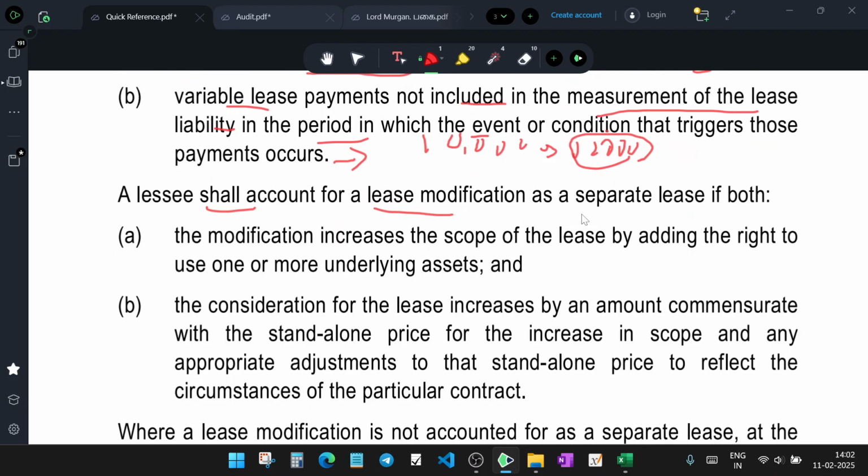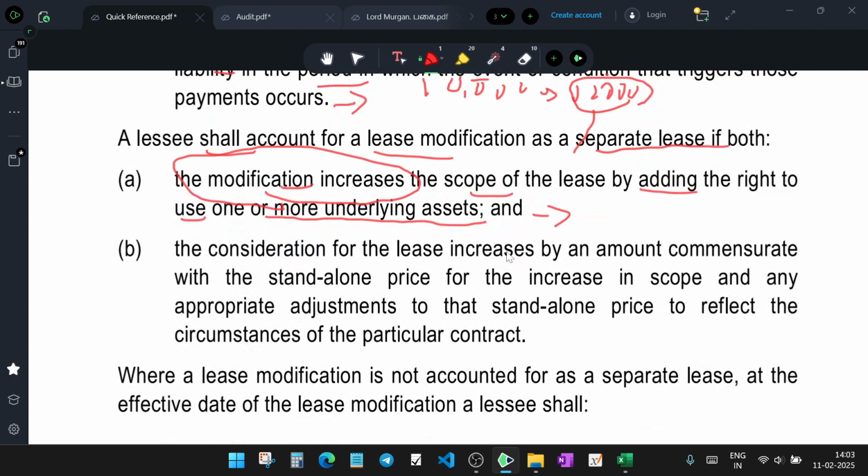A lessee shall account for a lease modification as a separate lease if the modification increases the scope of the lease by adding the right to use one or more underlying assets. So the modification is increased. Okay, now they have modified. The lessee shall account for the lease modification as a separate lease if both conditions are met: the modification increases the scope of the lease by adding a right to use one or more underlying assets, so you are getting the right for an additional underlying asset, and that increases the lease liability and responsibility at the same time.